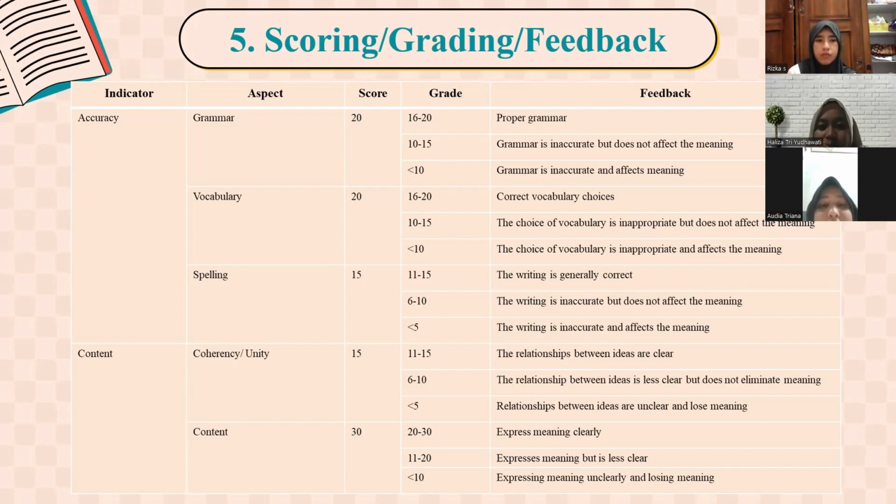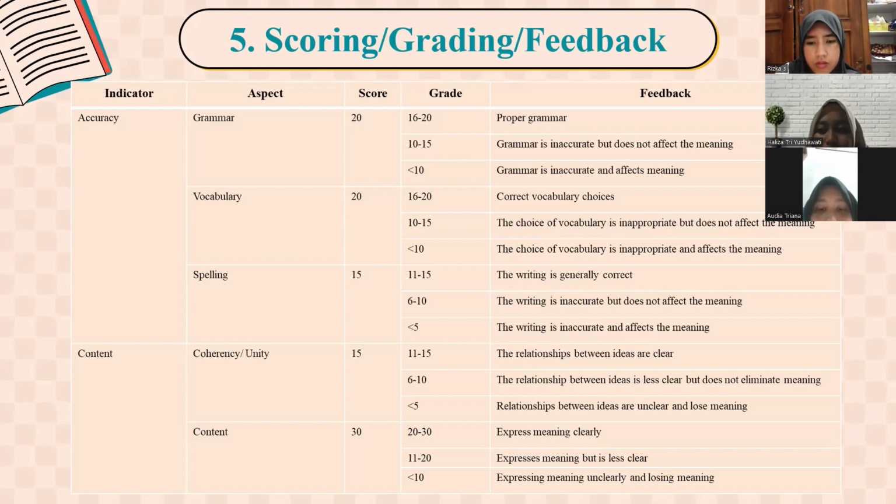Also, in the content indicator, there are coherency or unity and content. So for the coherency, the score is 15, and for content it is 13. So for the grade, they are average 11 to 15, and less 6 to 10, and less than 5.